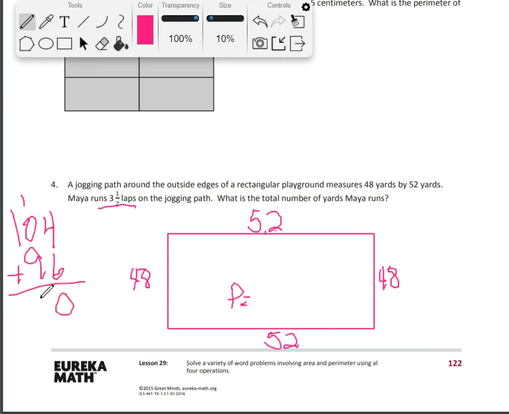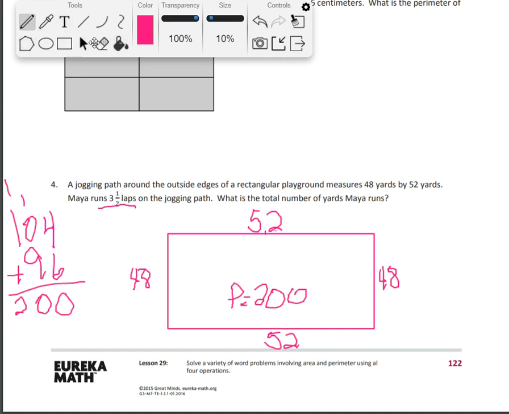Carry your 1. We have another 10 now. Carry your 1. Now, mine are lined up a little messily because I'm on the computer. This 9 goes in the tens place. It does not go in the hundreds place. So we have a perimeter of 200.